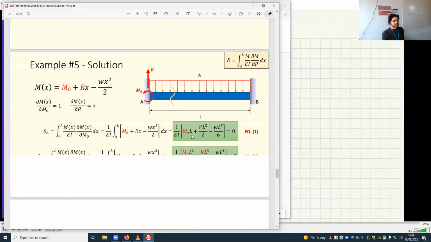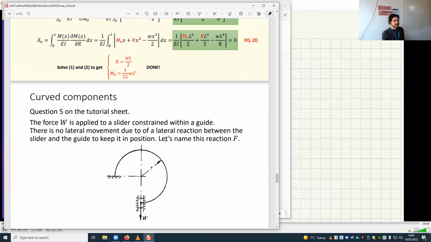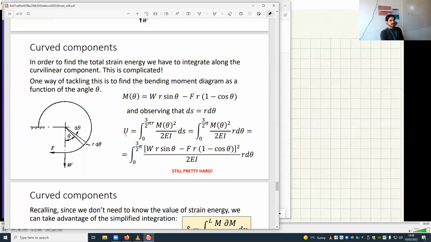And for the other things, we can deal with curved components by rearranging ds. If it's a circular component, ds is always r d theta. But in that case, we must find the normal force as a function of theta, and the shear force as a function of theta, and the bending moment as a function of theta, as we did here, say M of theta.